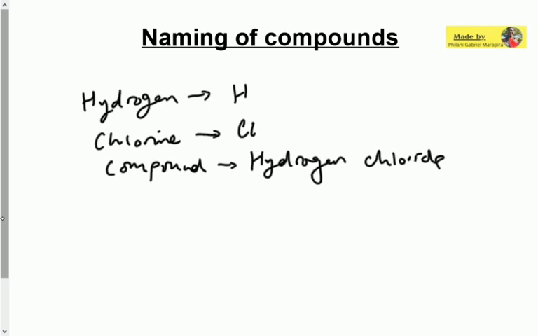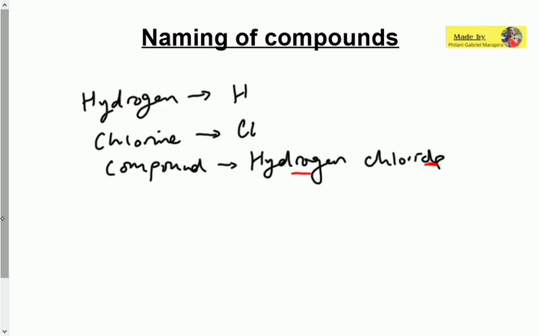Many might ask, it's reasonable to put hydrogen first, but why did we put ide instead of chlorine? When you are naming compounds, the first thing you have to do is take the element on the left hand side of the periodic table before the one on the right hand side. So we are not going to say chlorine hydride or chlorine hydrogen.